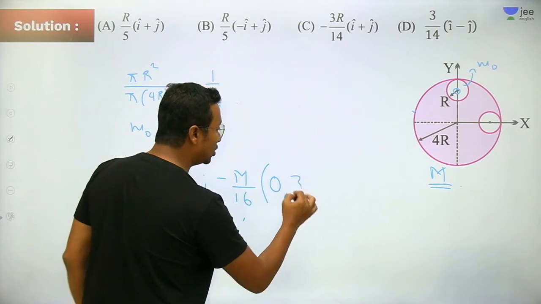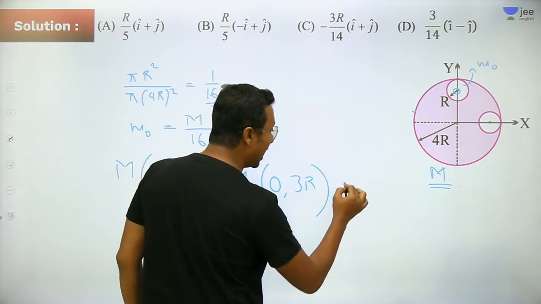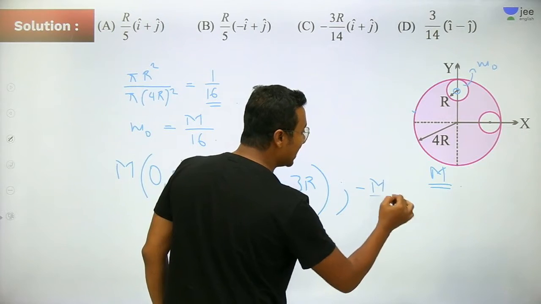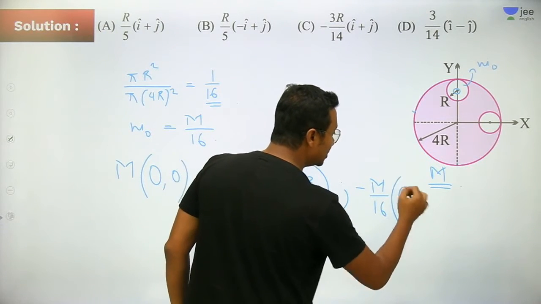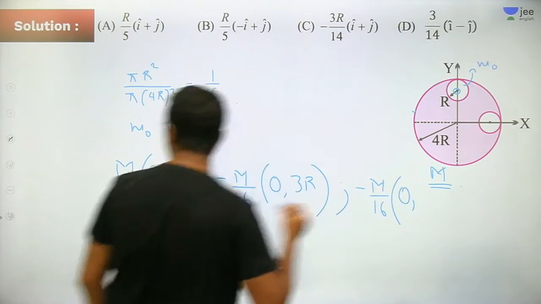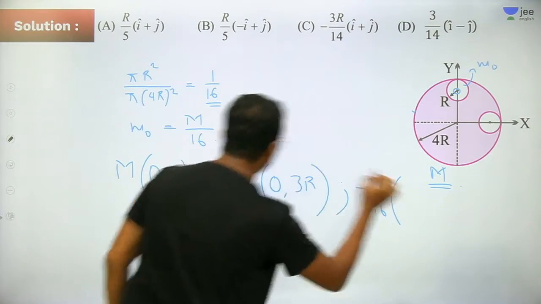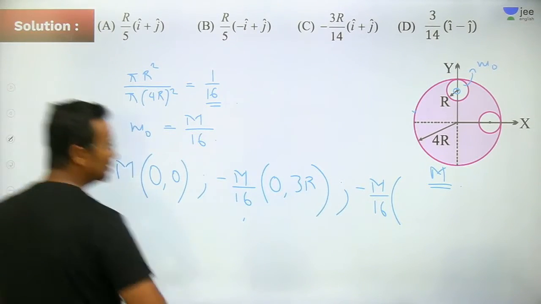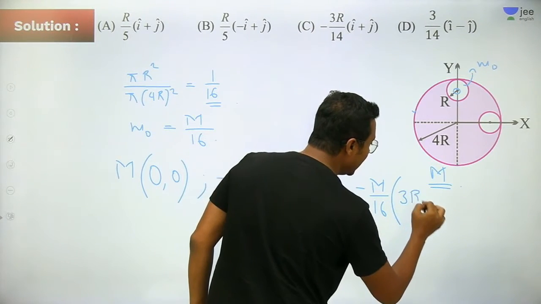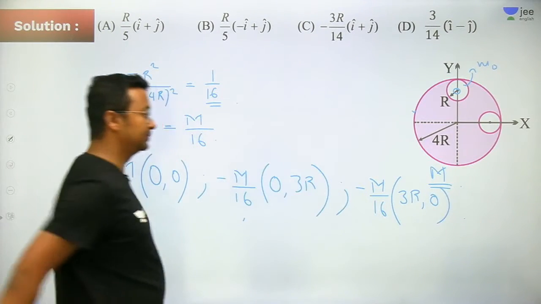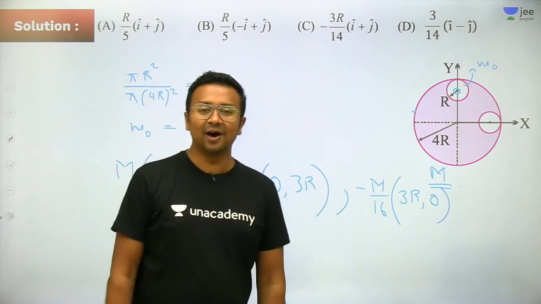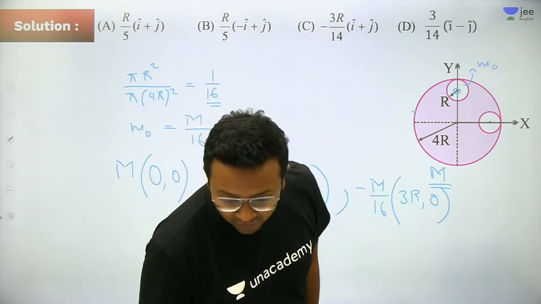So this will be equal to 3r. And then another one, minus M by 16, this will be equal to 3r, 0.